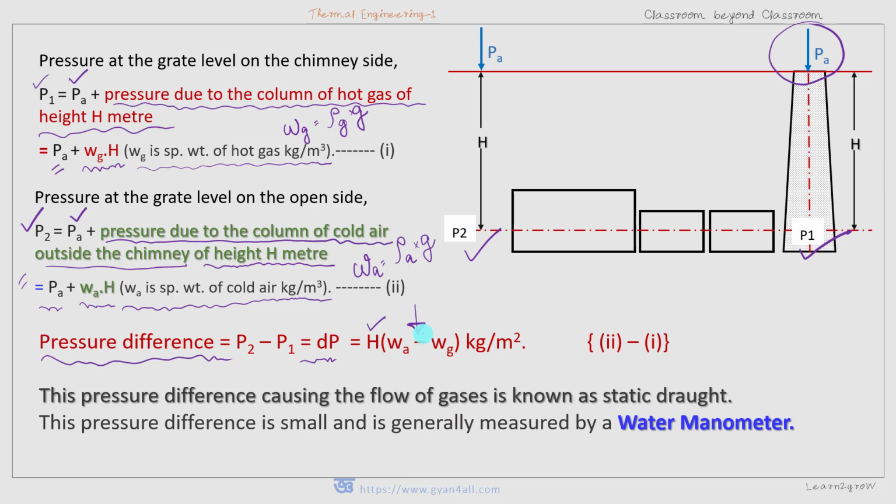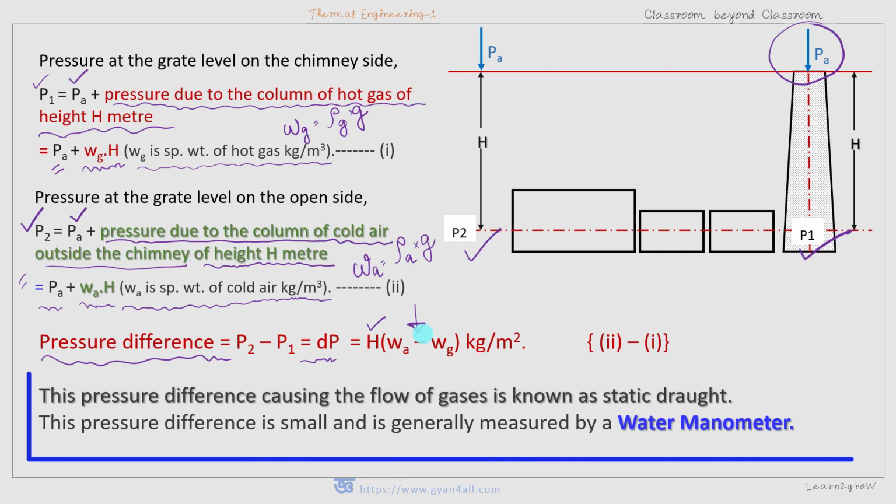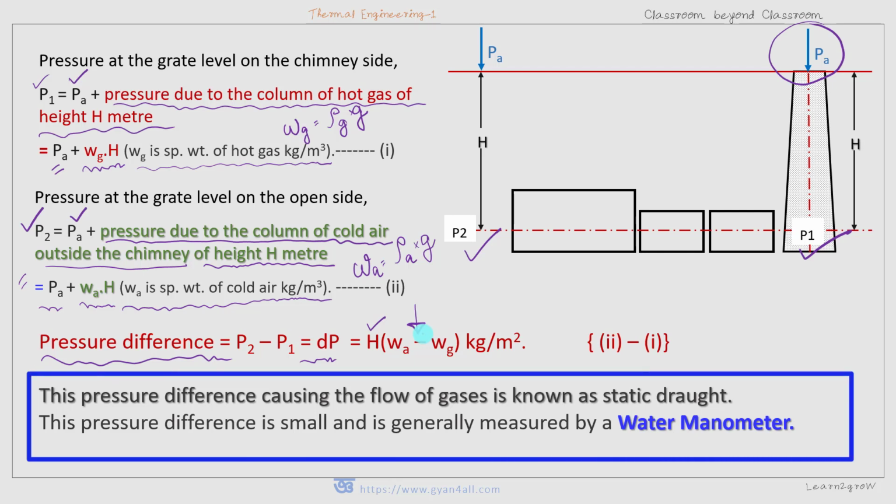This differential pressure is the driving force which causes the flow of gases, and it is called the static draught. This difference in pressure is very small and is generally measured by a manometer, called a water manometer, that means a U-tube manometer having water as the working fluid.